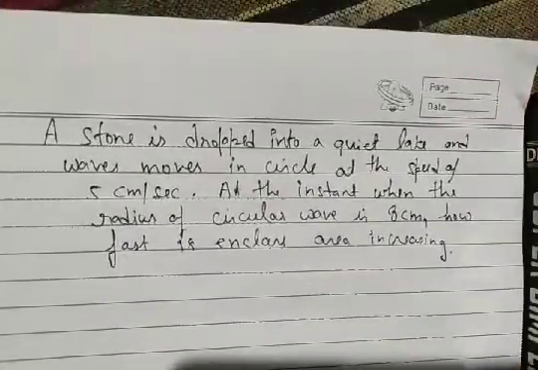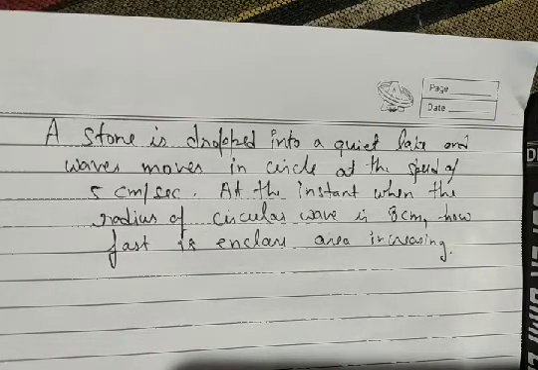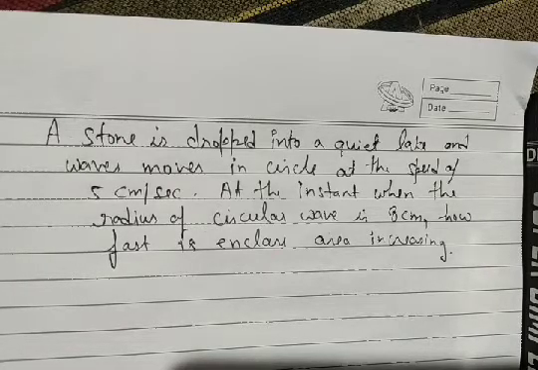Now we move to another problem. What is given there? A stone is dropped into a quiet lake, and waves move in circles at the speed of 5 centimeter per second.